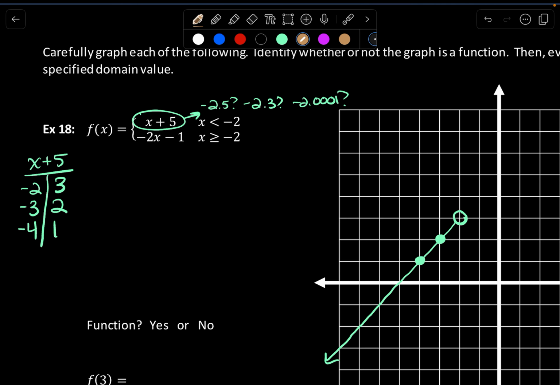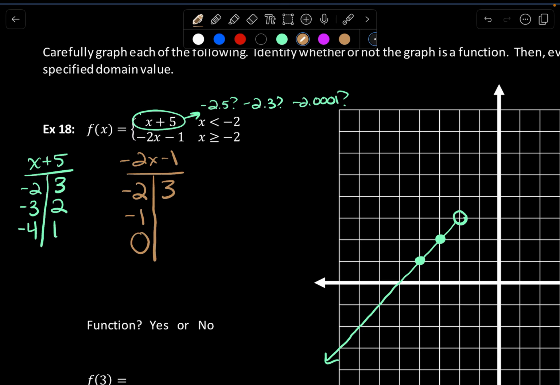All right, now we're going to switch gears to the second one. So we have -2x minus 1, and this is for any value that is greater than or equal to -2. So again, I want to use -2 because I want to see the relationship for these two pieces at -2. When I plug in -2, I get +3. And then because we're going greater than, we want -1 and then 0.